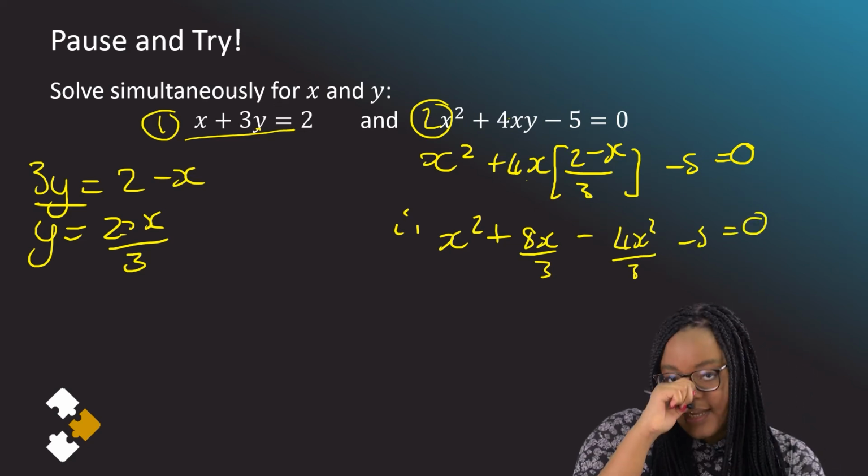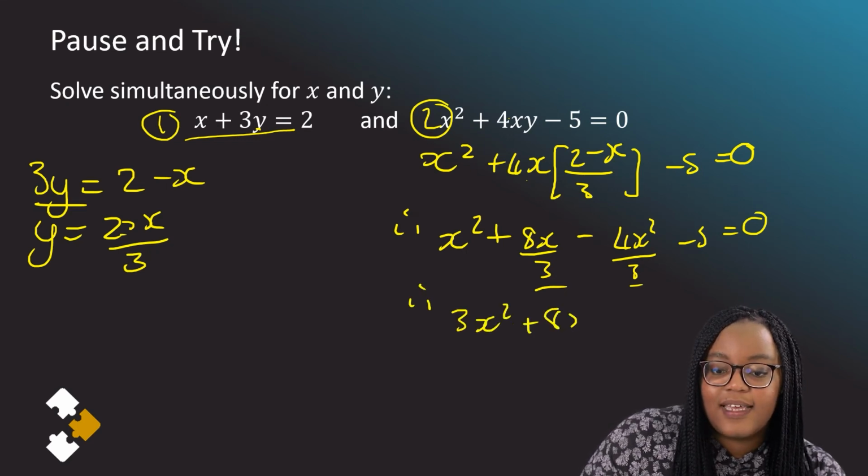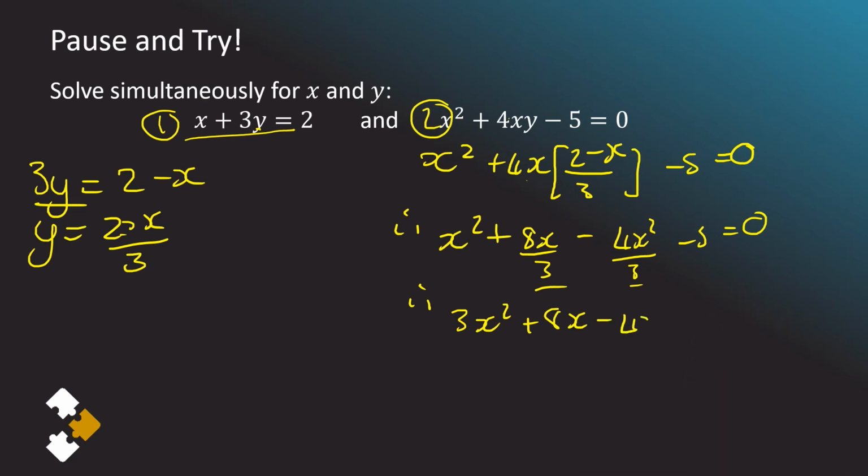Because this is an equation, I can multiply through the denominator, which will give us 3x squared plus 8x minus 4x squared minus 15 is equal to 0.